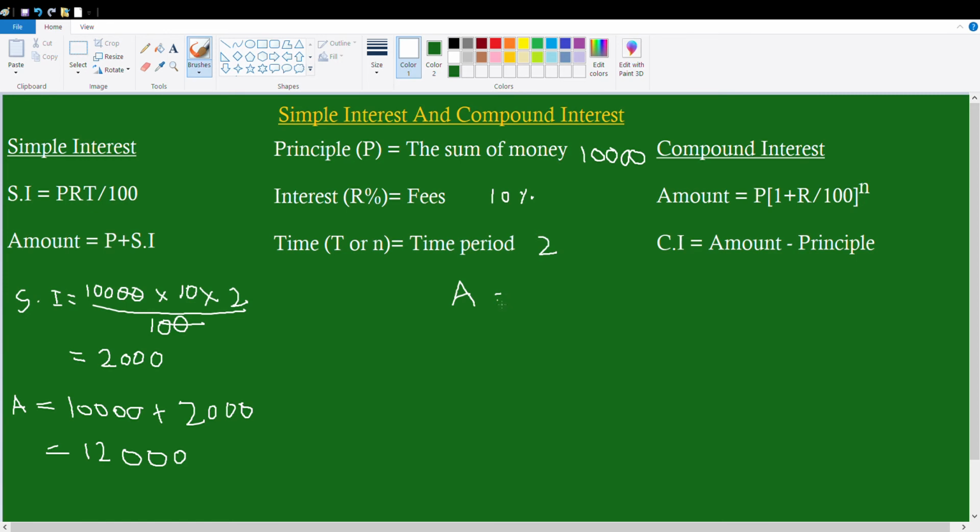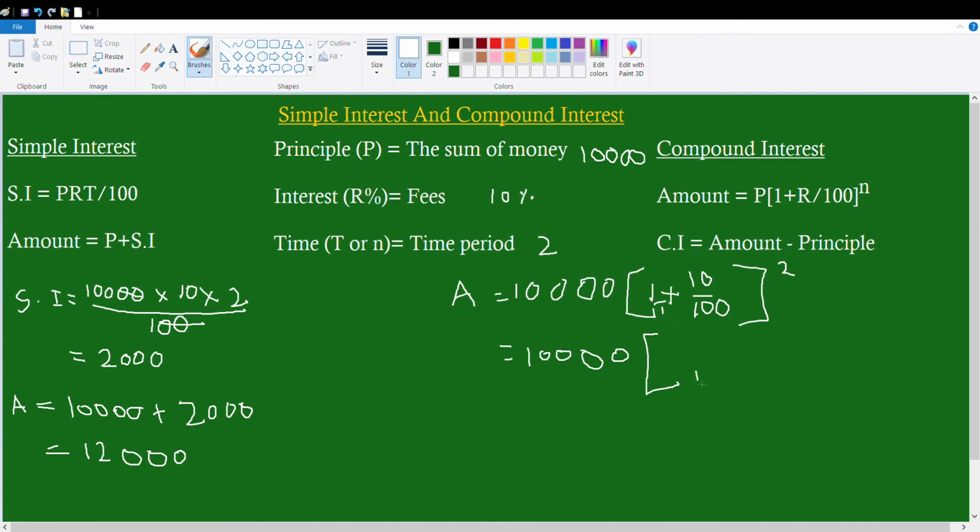Amount is equivalent to P, that is 10,000, into 1 plus R upon 100, which is 10 upon 100, whole power n, which is 2, is equivalent to 10,000 multiplied by, we have to take the LCM.